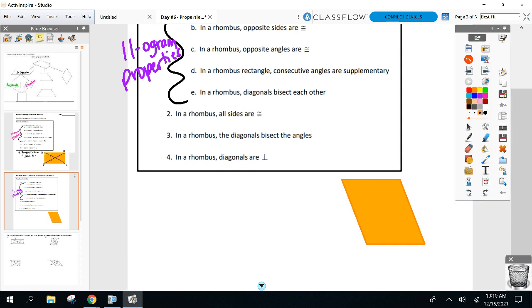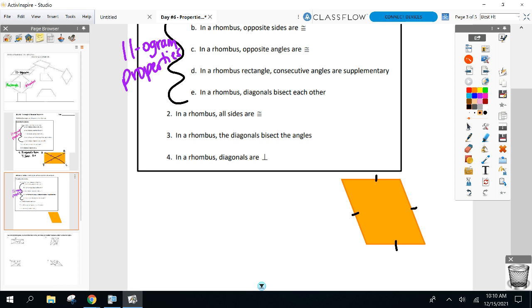All right, so properties of a rhombus that the parallelogram and rectangle do not have. Remember a rectangle, all angles are equal? Rhombus, all sides congruent in a rhombus. All sides congruent in a rhombus. Not in a rectangle, but in a rhombus. The diagonals now.